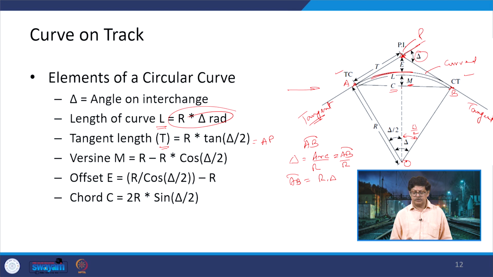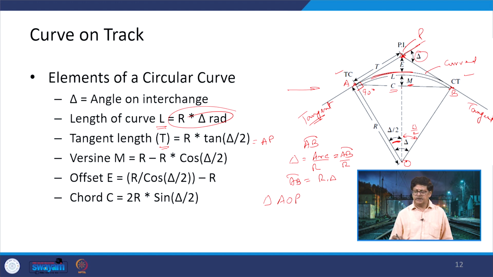Now, let us talk about the triangle AOP. We have this triangle AOP. In this triangle, because this is a tangent, this is going to be 90 degrees, and this angle is delta by 2 here. Considering this, you know the radius, and now you have to calculate the tangent length. So, we are taking the property of trigonometry. tan theta is nothing but the vertical arm at right angle versus the base.